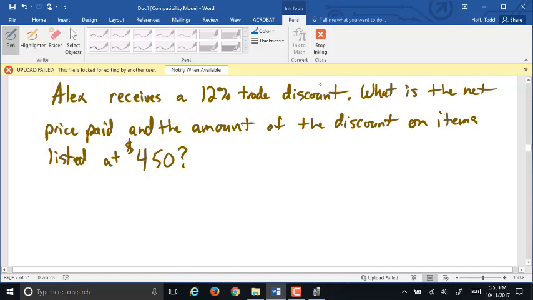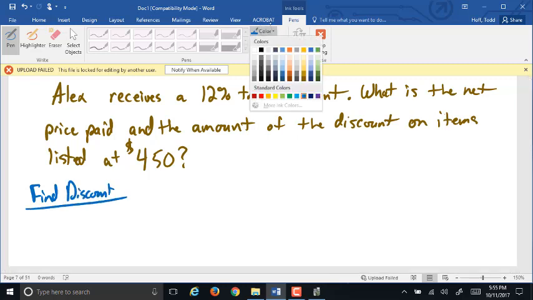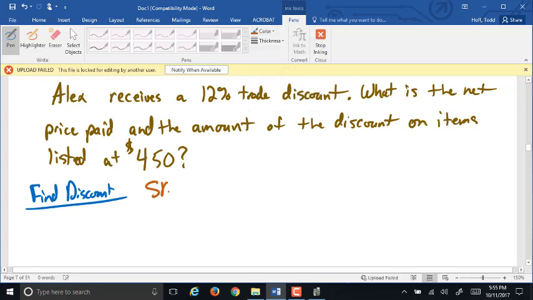Well, if I want to find the discount, I am going to use that single discount equivalent. SDE is the abbreviation I'm going to use for single discount equivalent. What is the single discount equivalent going to be here? 12%, so 0.12.